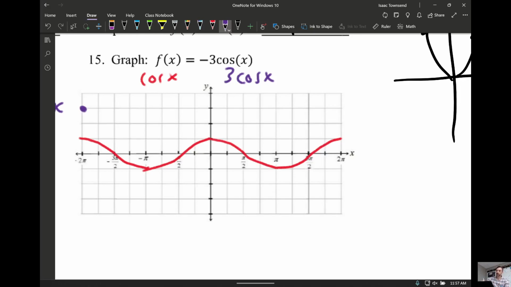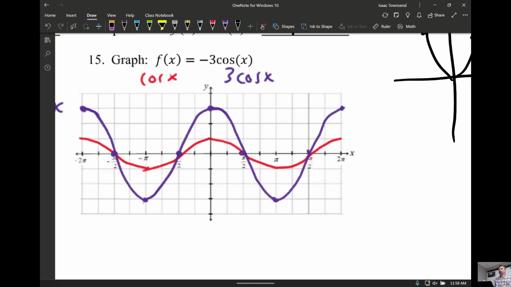So all the 1s become 3, all the negative ones become negative 3, and all the zeros stay 0. And then when you reconnect them, if you think about the definition of amplitude, now the distance between min and max is 6, but the definition of amplitude says that half of that makes up the amplitude. So that matches up with 3.